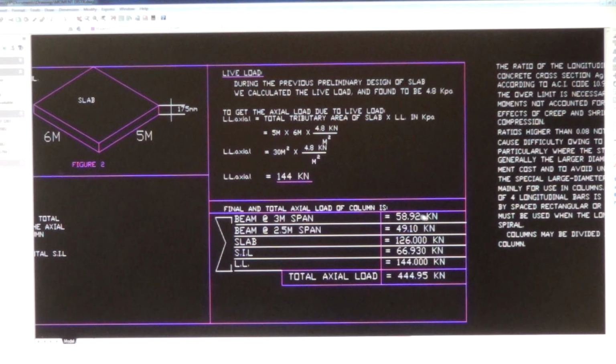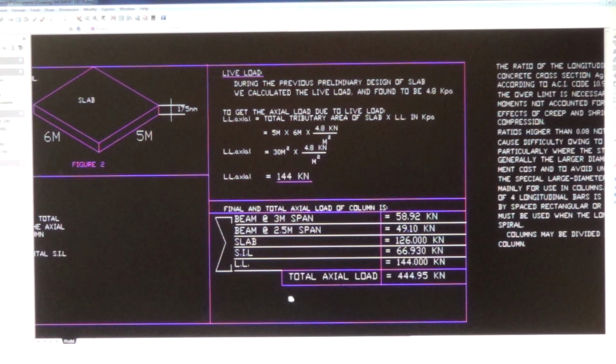These are the breakdowns of all the loads, and you add all these together. This summation of all these loads here is the total axial load carried by the column. It is equal to 444.95 kilonewton.